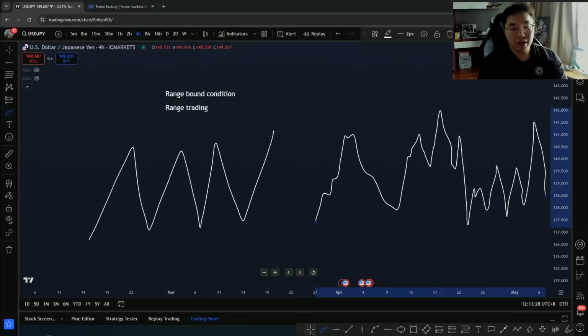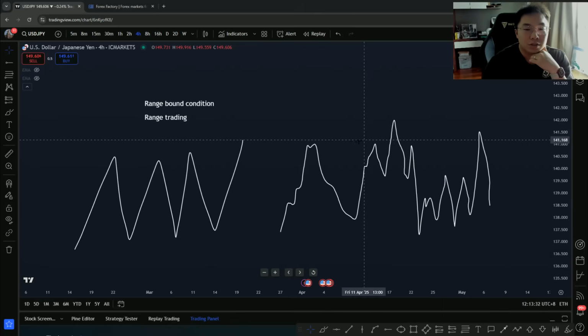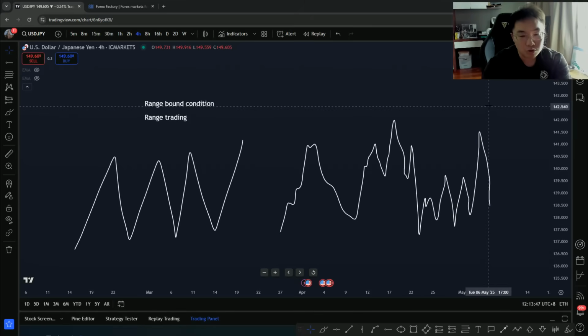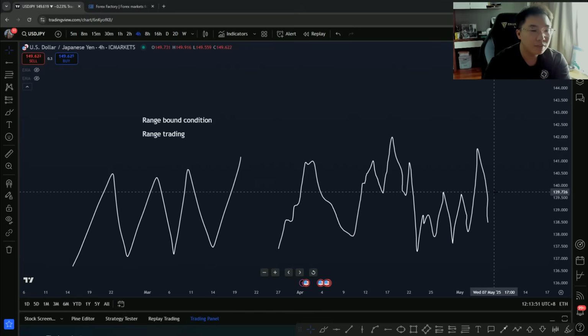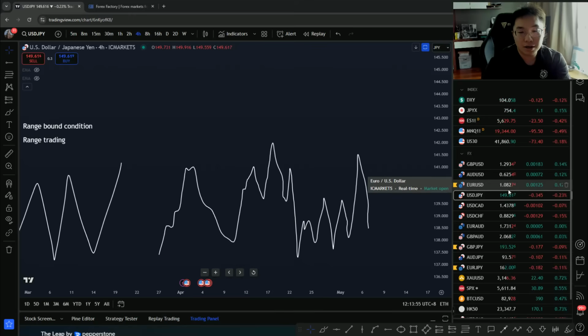There will be times where price fakes out the high, obviously for liquidity sweep purposes. There'll be times where price fakes out the low, sort of like it seems like it's rejecting the low, comes back, revisits again, another retest, then only pushes back up, fakes out the high again, then comes back below. This is what the actual live range is.